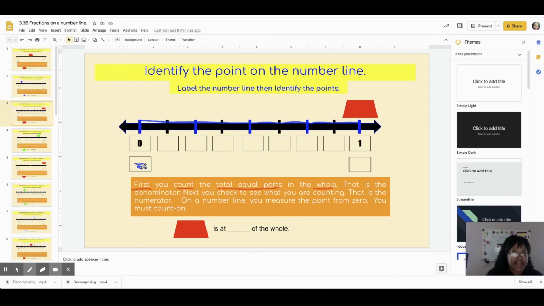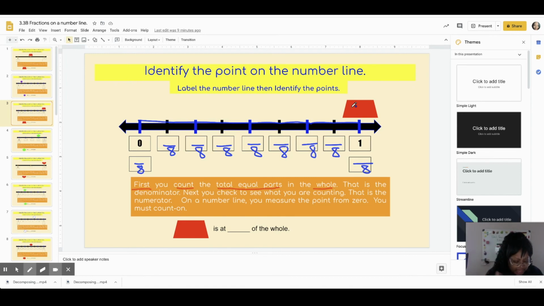So my denominator is 8s. Never, never, never count the lines. Always count the equal parts. Now, this one, we're going to practice again, but we should already know the answer because the trapezoid is at 1 whole.